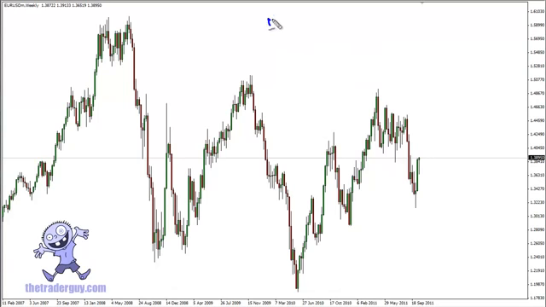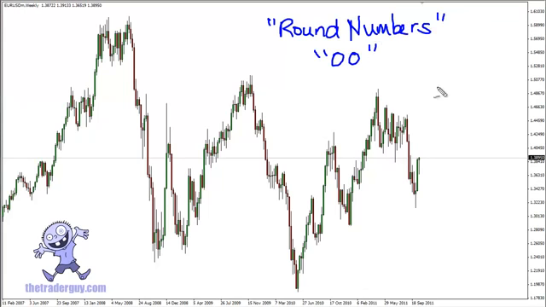Humans like round numbers. And what I mean by round numbers is numbers ending in 0. And I would add numbers ending in 50. But 50 is probably about 10% of most of the numbers that I see.